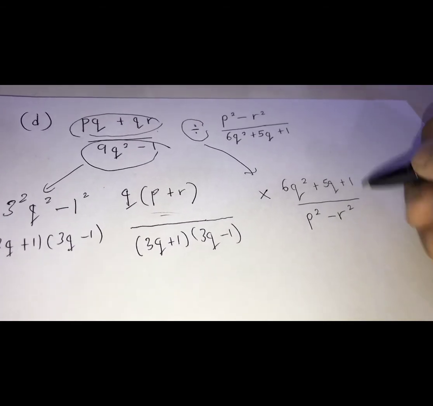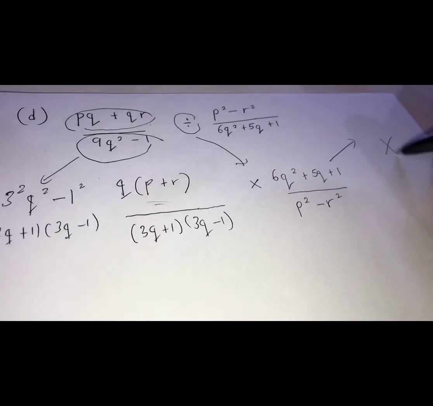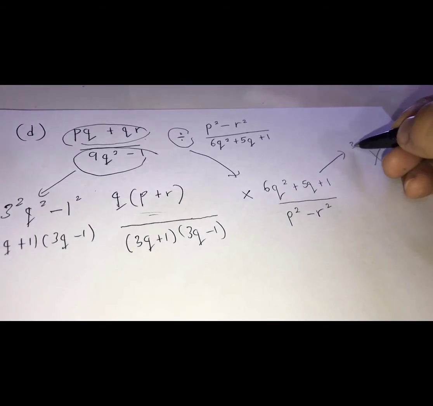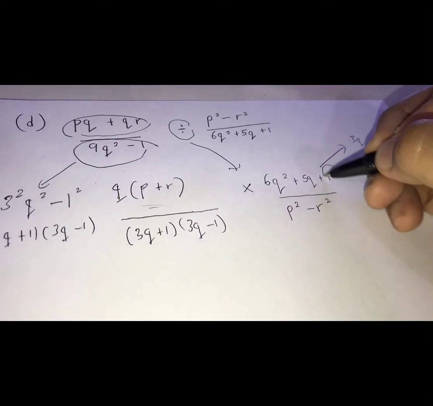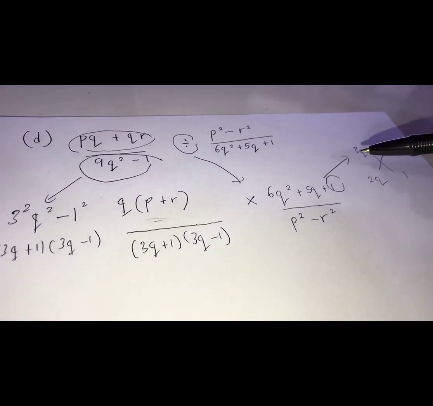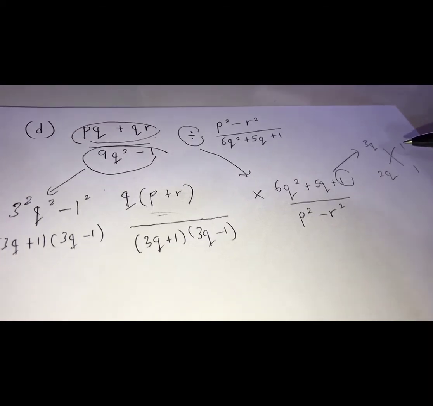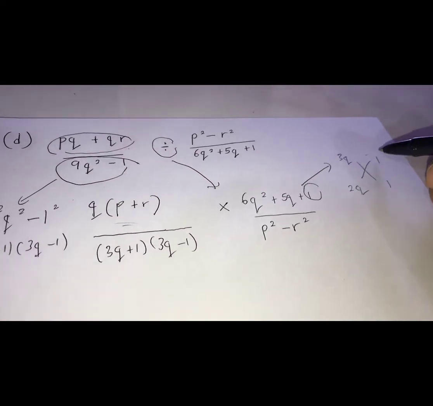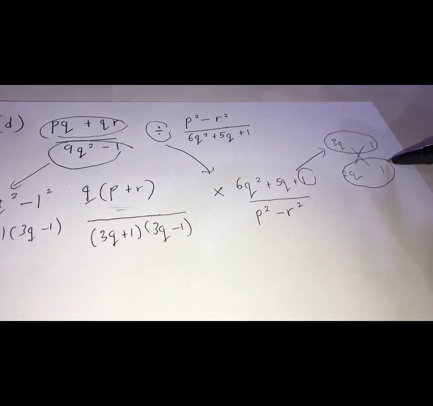This also you must factorize, using cross multiplication. 6Q square equals 3Q times 2Q, and then factors of 1 times 1. Then check: 3Q times 1 you get 3Q, 2Q times 1 you get 2Q, 3Q plus 2Q you get 5Q. So correct. Your answer here is (3Q plus 1)(2Q plus 1).